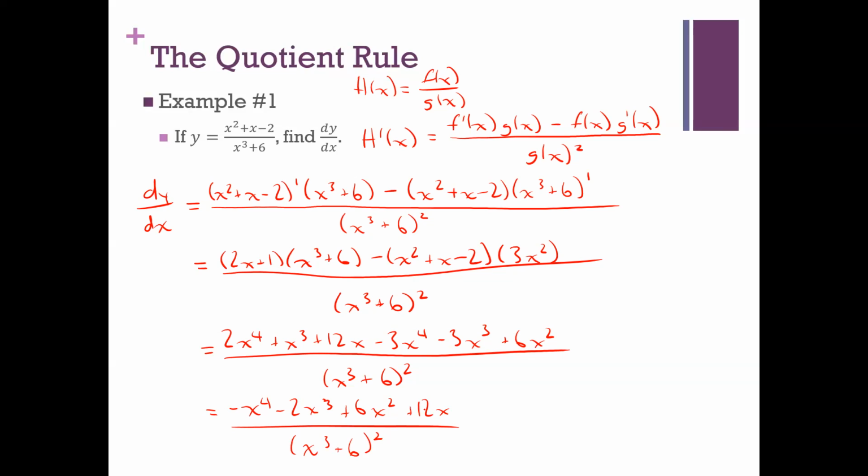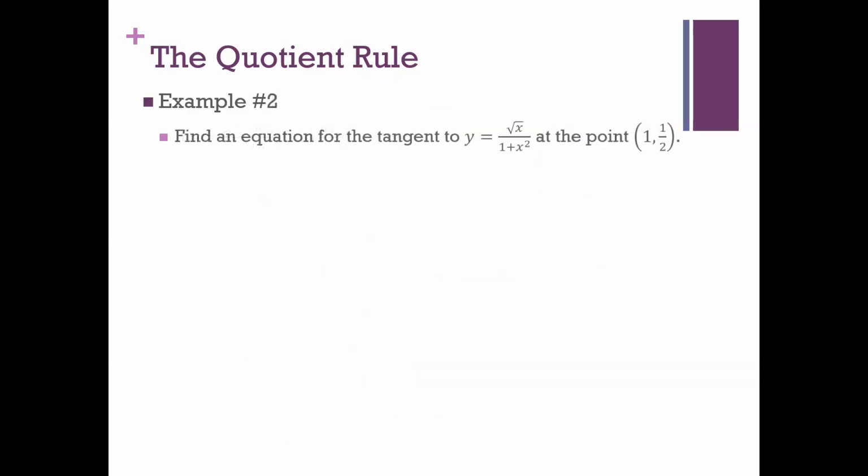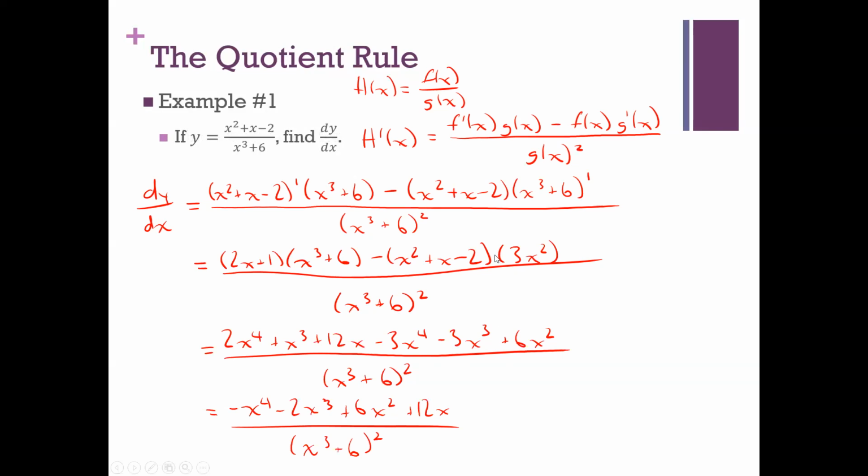All right. Oh, sorry. Any questions about this one here? Yeah, the thing with quotient rule and the product rule is that it's pretty easy when it's as simplified as you can make it.